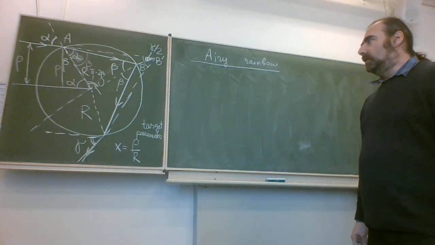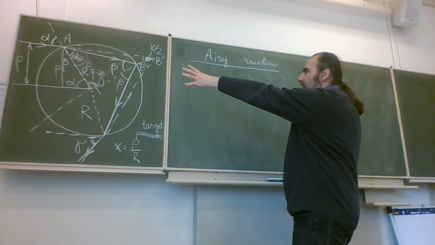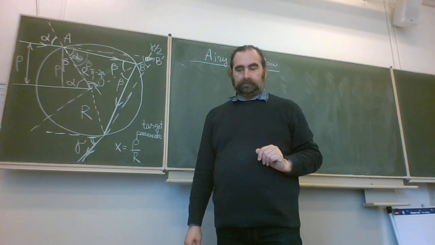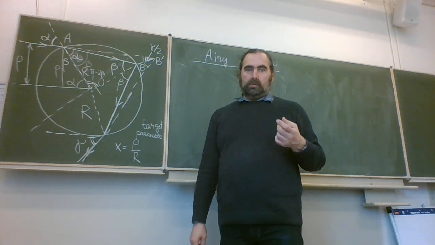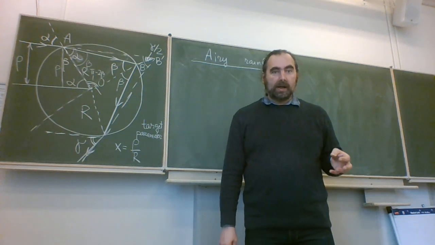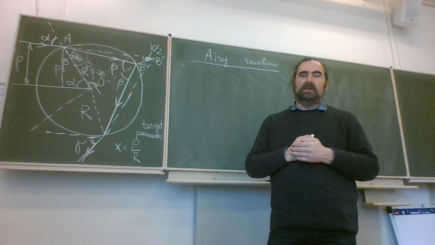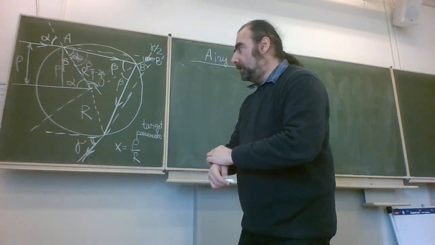Airy realized that the supernumerary bows, which we couldn't explain with the simple picture, are due to interference. And for interference, you cannot just consider one ray, you need to take two rays and see what they are doing. And that's what we are going to do.